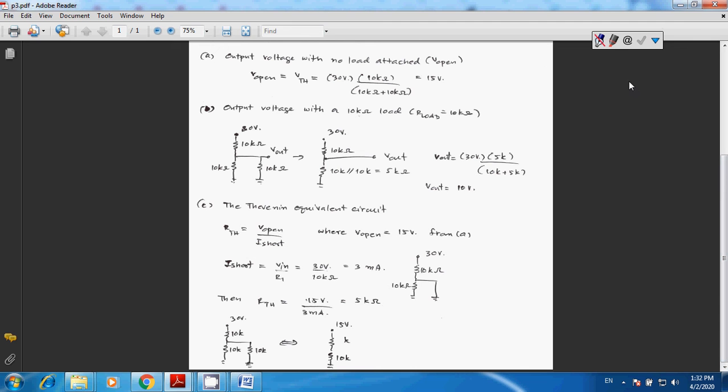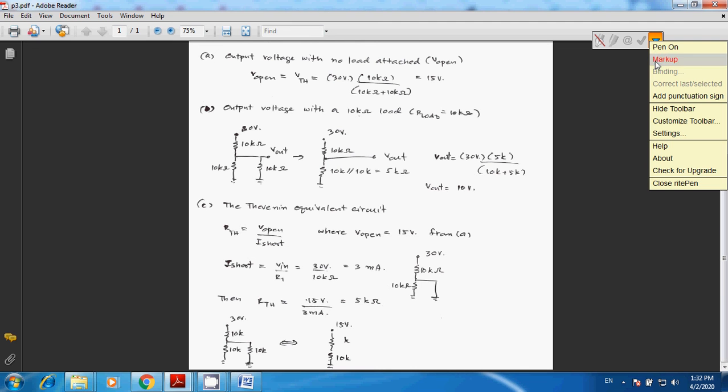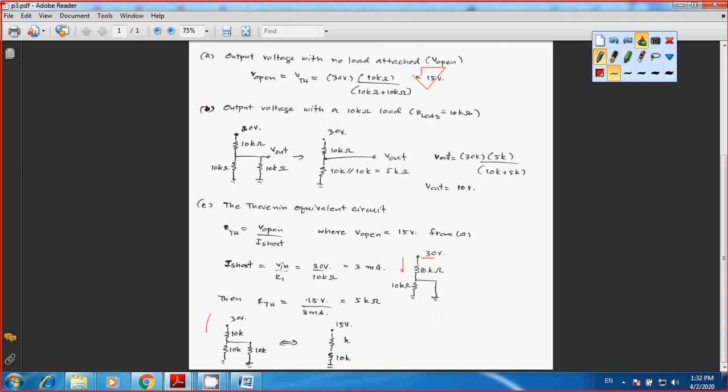So your circuit on the left is your first circuit, and then you apply the Thevenin equivalent circuit, or you apply Thevenin theorem.